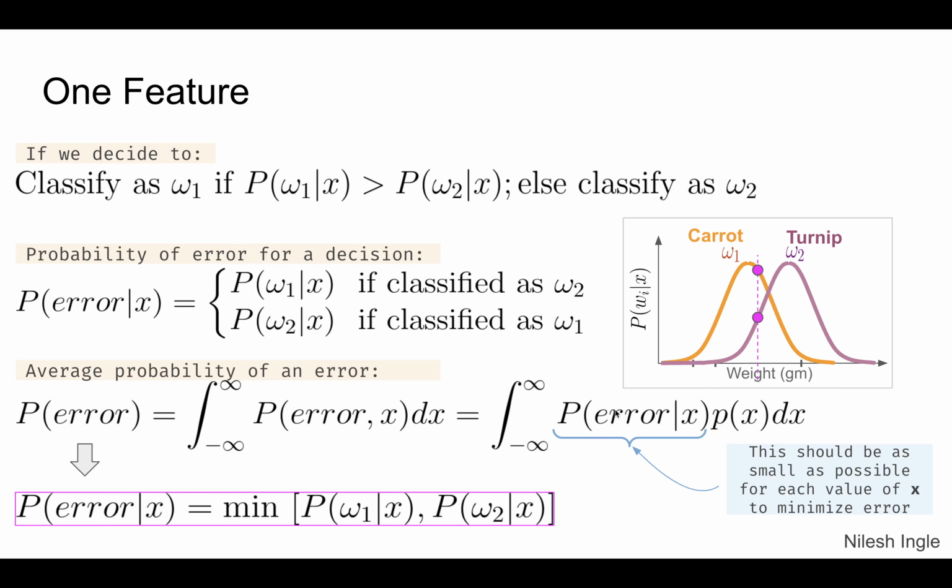We integrate over all the probability of error given X and multiply it by the probability of X. And then finally, the equation that we have here is the minimum of the probability of class W1 given X, or the probability of class W2, so whichever is the minimum.